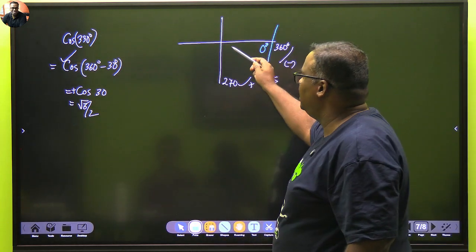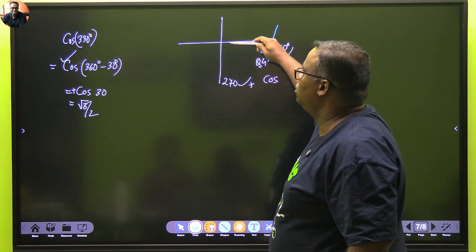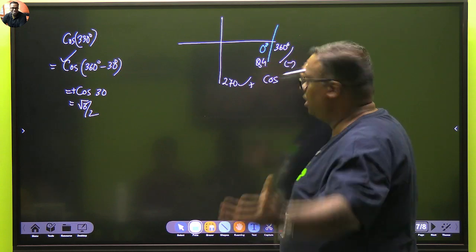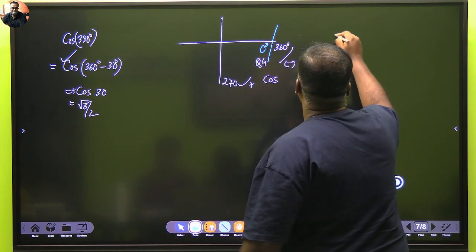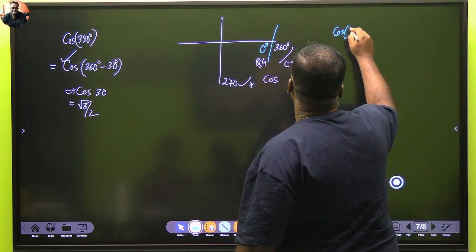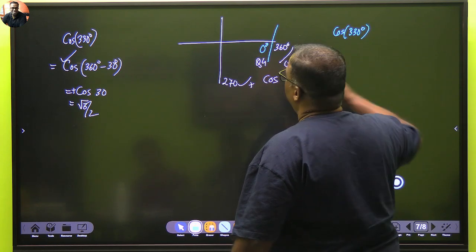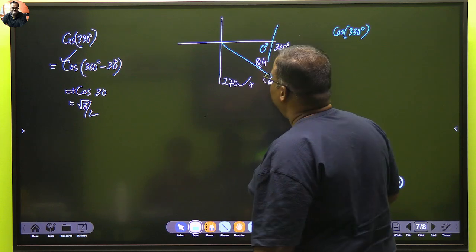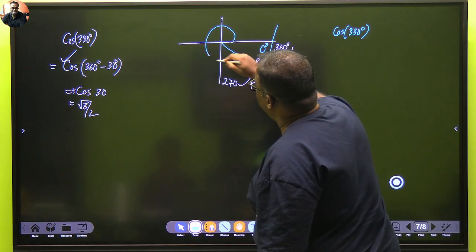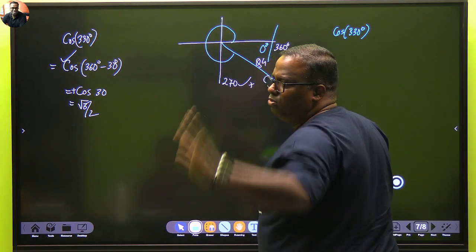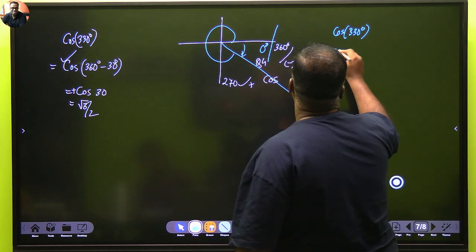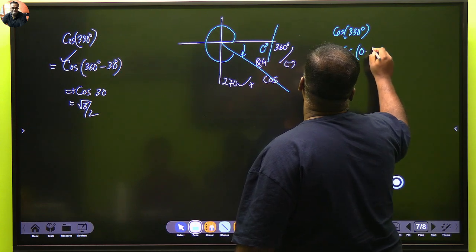360 से 30 डाउन किया तो सेम है ना कि 0 से 30 डाउन किया. बात तो सेम है. तो ध्रुव कहता है कि cos ऑफ 330 डिग्री. 330 आपने कैसे मेजर किया? ऐसे मेजर किया. लेकिन अपना ध्रुव उल्टा है. वो कहता है मैं ऐसे आऊंगा. तो it comes as cos of 0 minus 30 degree.